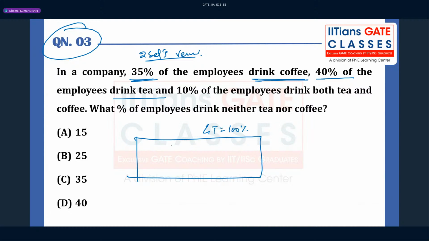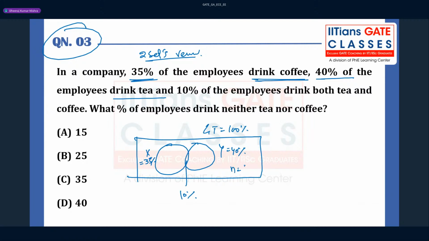Out of 100%, 35% drink coffee, 40% drink tea, and both tea and coffee are drunk by 10%.